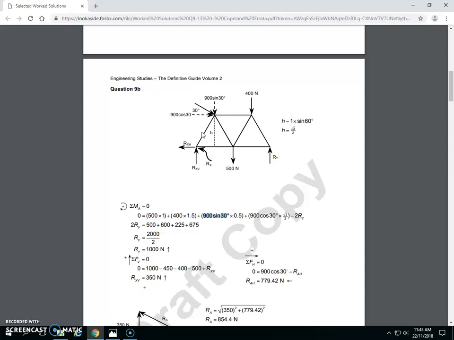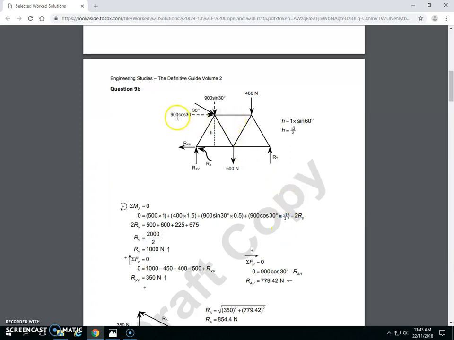So he said here, h is equal to 1, the hypotenuse, times sine 60, which we know as an absolute value. We can say root 3 over 2, which is fine, and he's used that distance there, h equal to root 3 over 2. But just as long as we understand that concept.